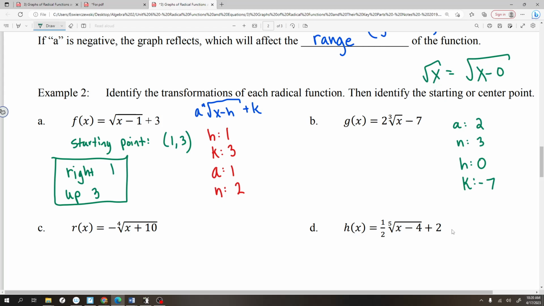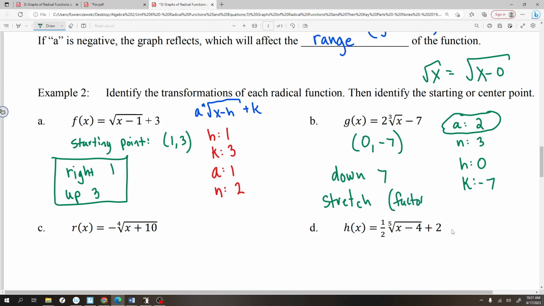So now we will describe our transformations. What is H, K as a point? 0, -7. That means I don't go right or left, but what do I do? Down, how many? 7. And then technically this A would be a stretch factor of 2.